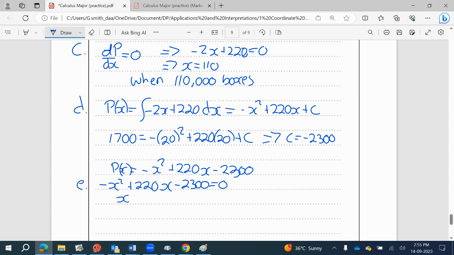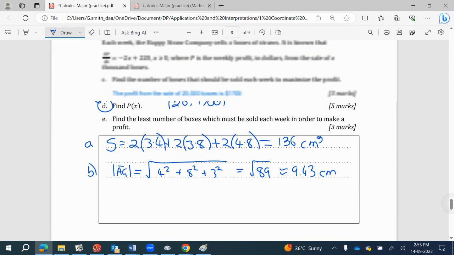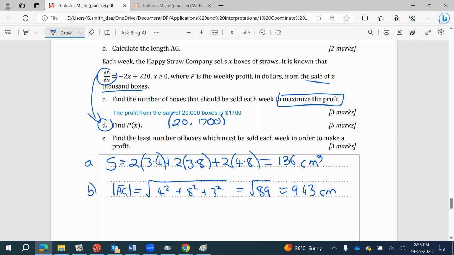Solving that on the calculator, we're going to get 11.005 or so. We remember that this is in thousands. So if we sell 11,005, we will make no profit. So reread the question. This is tricky on this one.